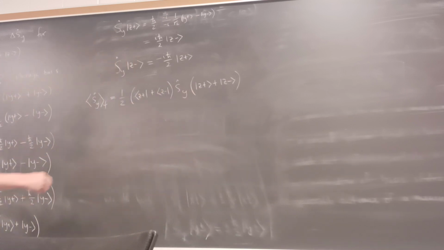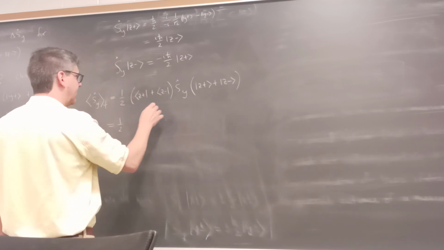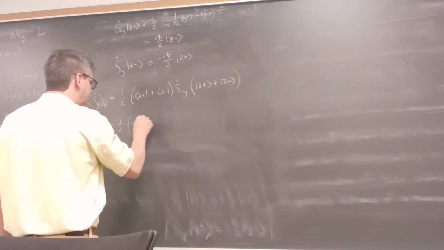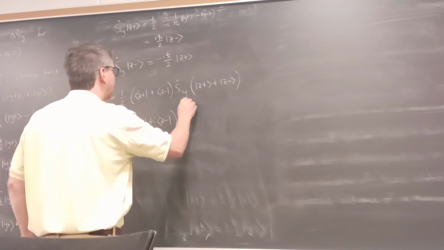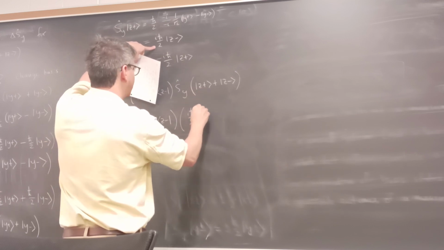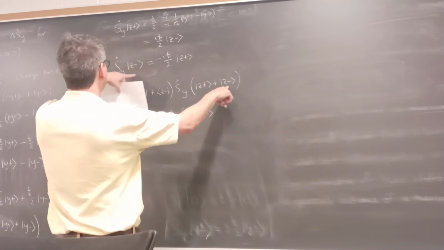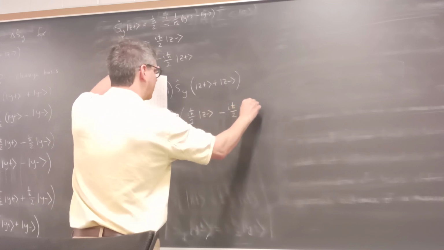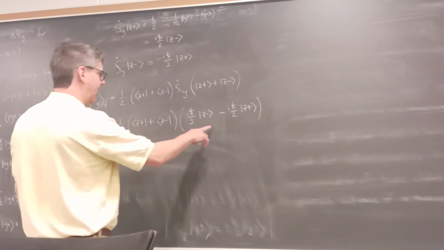Now we can use the two things that we've just discovered. So this will be 1/2, Z plus, Z minus, and then here on Z plus we get I h bar over 2 Z minus, and then when S_y acts on Z minus, we'll get minus I h bar over 2 Z plus.